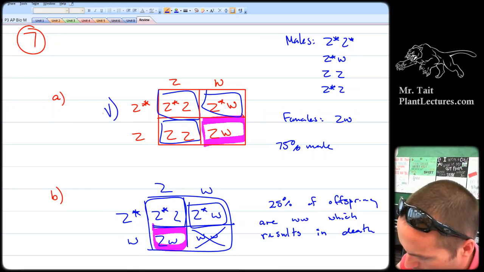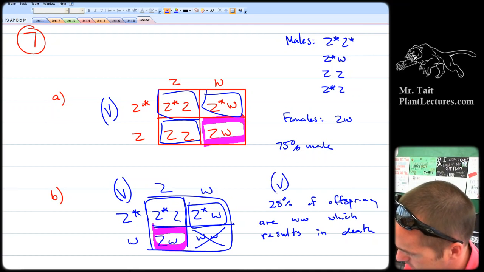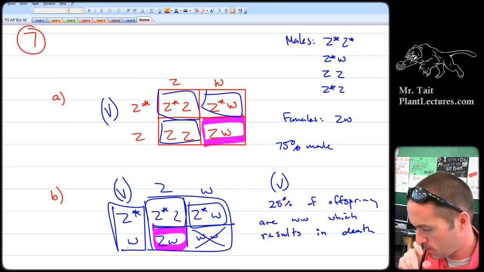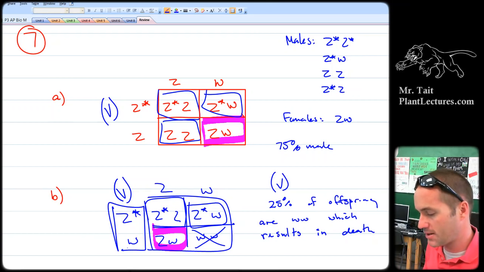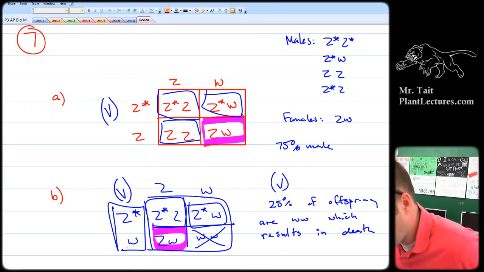So 1 point here, 1 point here, and 1 point here. Actually, this was the identify, right? But I'm sure if you drew that Punnett Square, it would be fine. But you should have said that the male would have been Z star W.